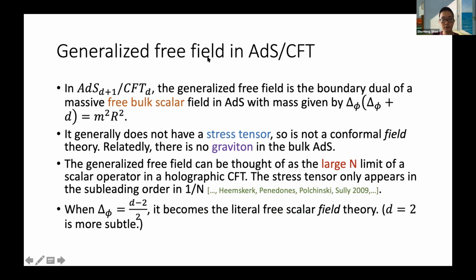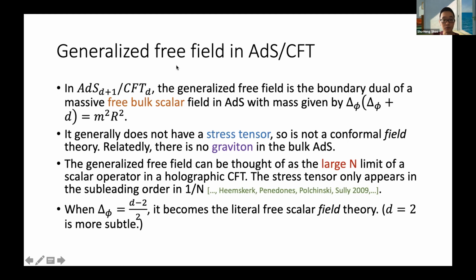The generalized free field does not have a stress tensor for generic value of delta phi. So in some conventions of the terminology, it might not qualify as a conformal field theory. Relatedly, there's no graviton in the bulk AdS. In AdS, we only have a free massive bulk scalar field.